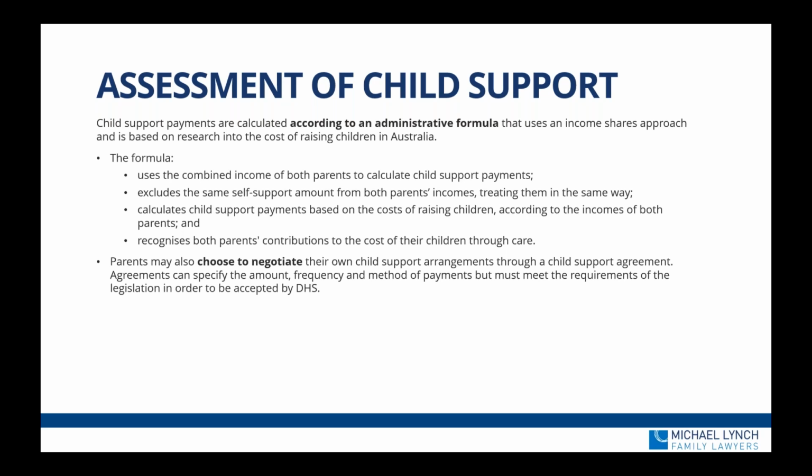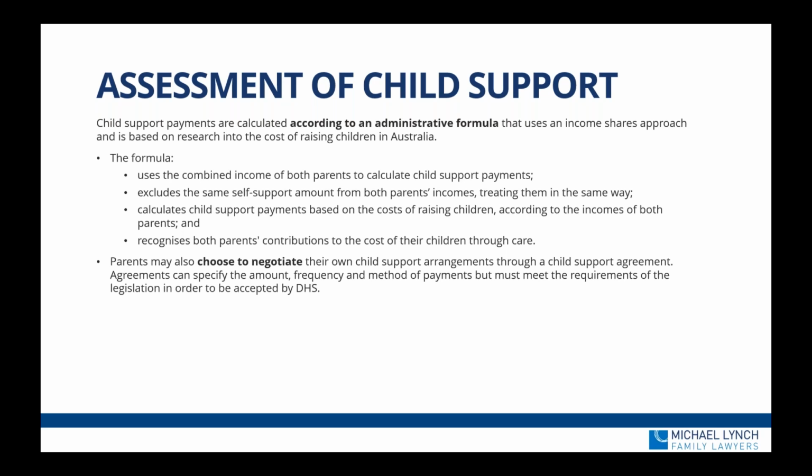The formula uses the combined income of both parents to calculate child support payments. It excludes the same self-support amount from both parents' income, treating both parents in the same way. It then calculates child support payments based on the cost of raising children according to the incomes of both parents, and then it recognises both parents' contribution to the cost of their children through care.